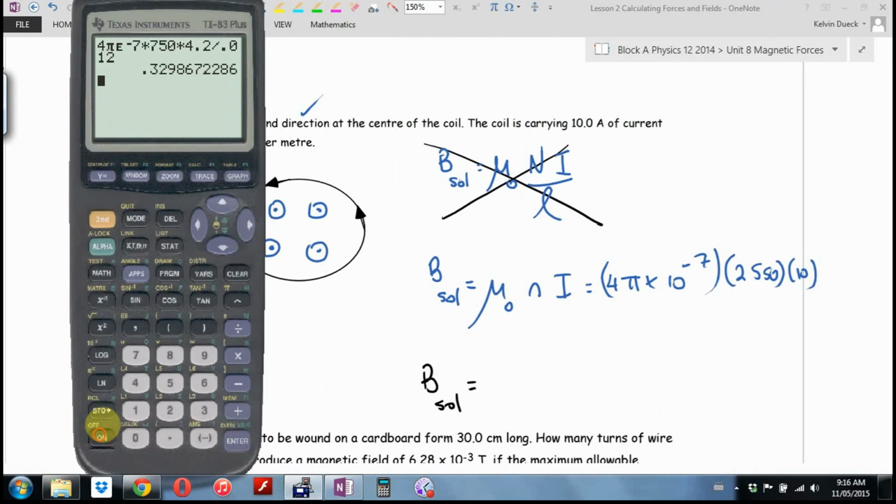Again, try these on your calculator. Make sure you know how to type in that 4 pi times 10 to the negative 7. Some you have to reverse it. And I get a magnetic field of 0.032 Teslas.